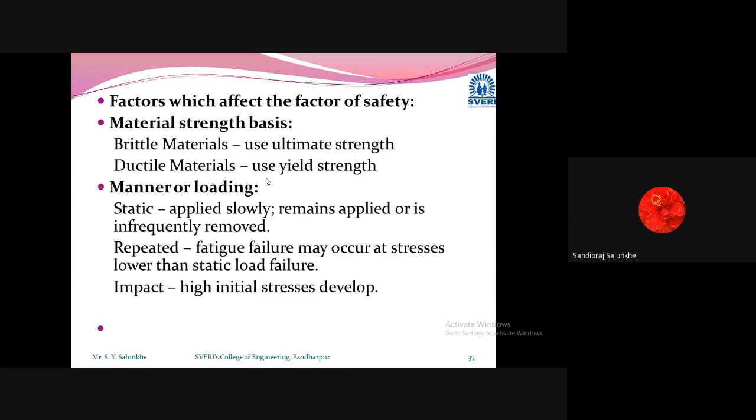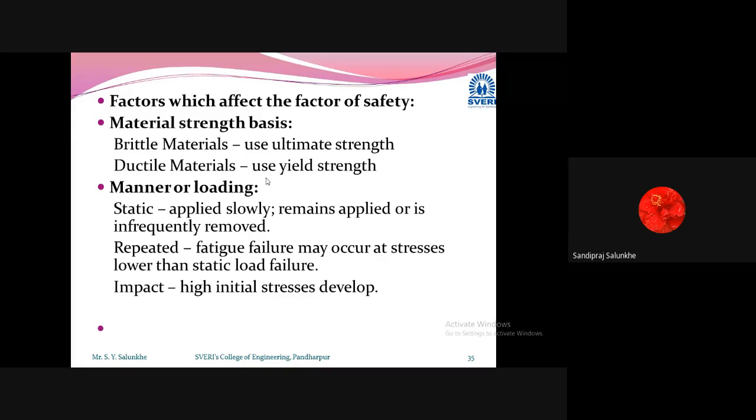So that type of nature is nothing but the repetitive type of force which is applied. And that repetitive force has a very, very low value compared to the tensile strength. So while selecting the factor of safety, we have to consider whether that part is undergoing a repetitive type of load.